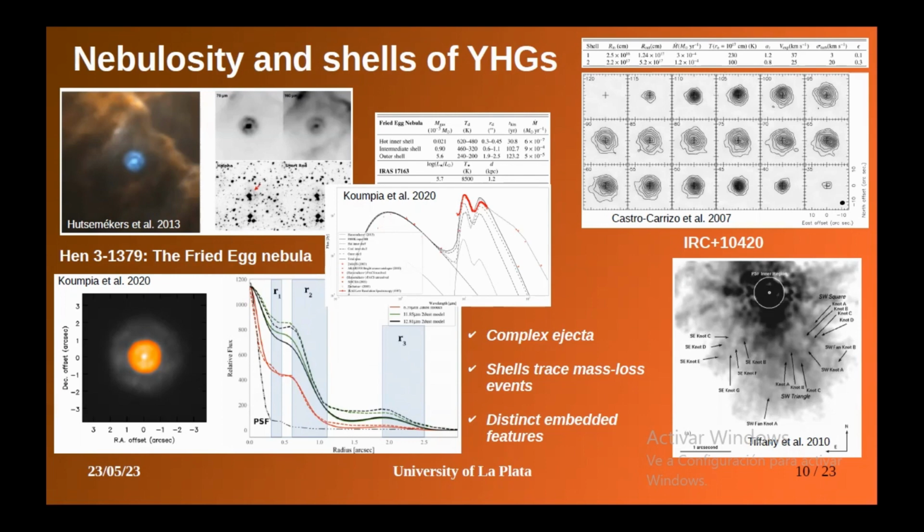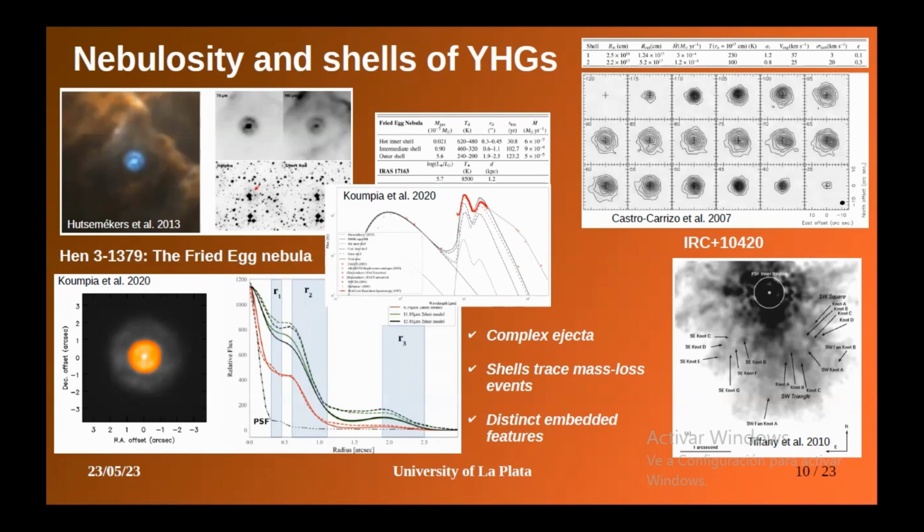The most thorough study, I would say, on the Fried Egg Nebula was in 2020 by Koumpia et al., who proceeded to interferometry of the star with GRAVITY, where they got mapping at milliarcsecond scales. They also complemented with imaging from VLT at infrared, where they assessed density profiles, and they used a 2-dimensional radiative transfer code to model the SED of the star in consistency with the density profile.